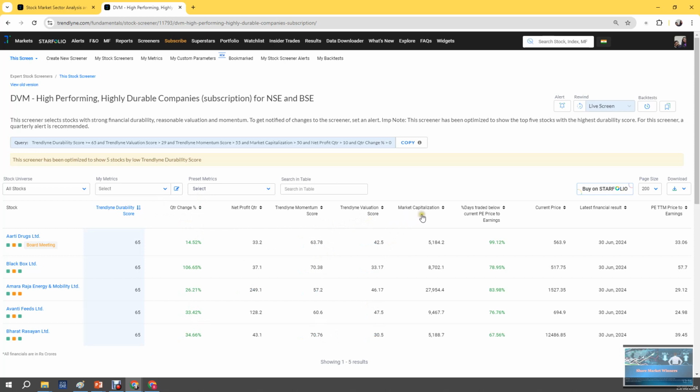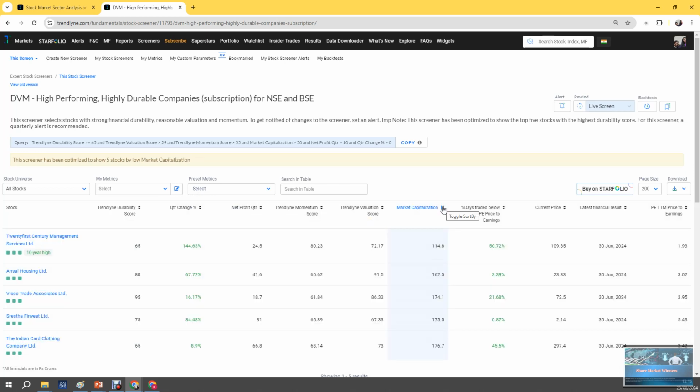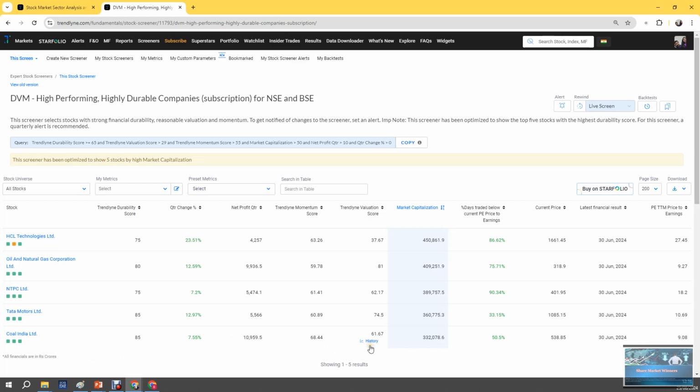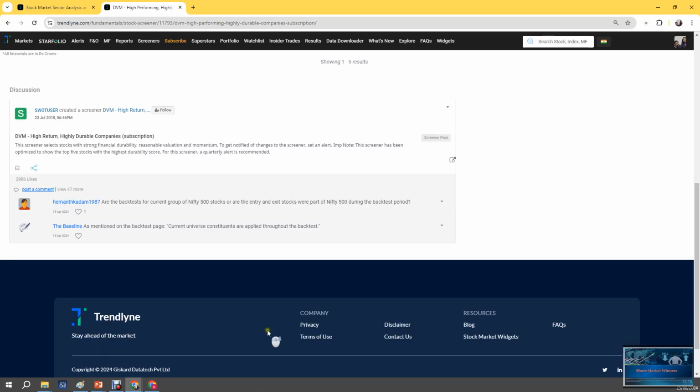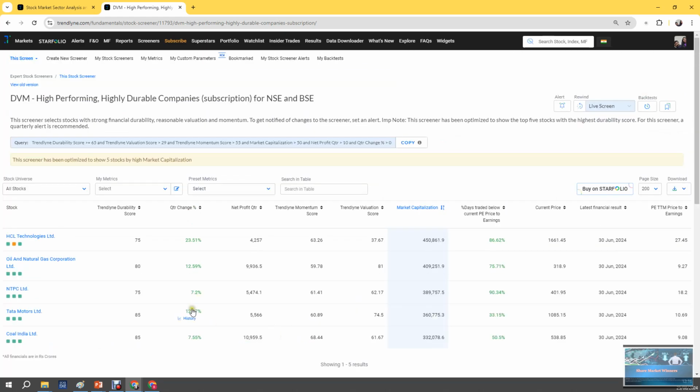Market capital again: which stock has a higher market capital can also be considered. All these details will be available, and you can make use of them to get into the details of how that stock can be further evaluated and considered for your investments.